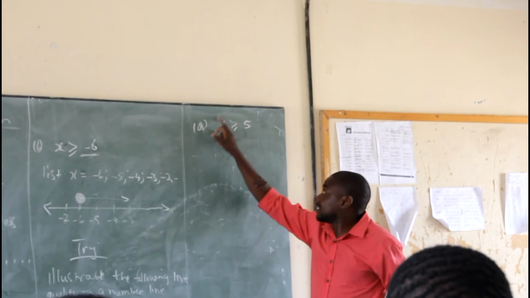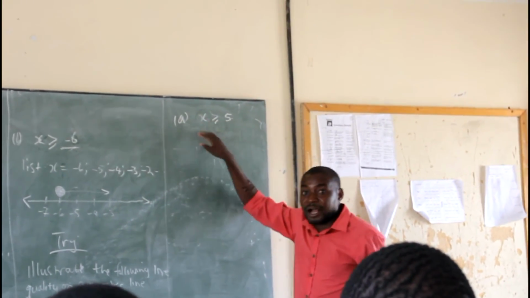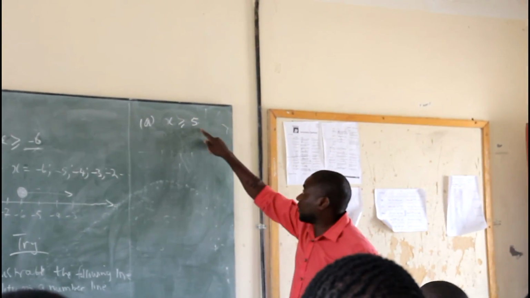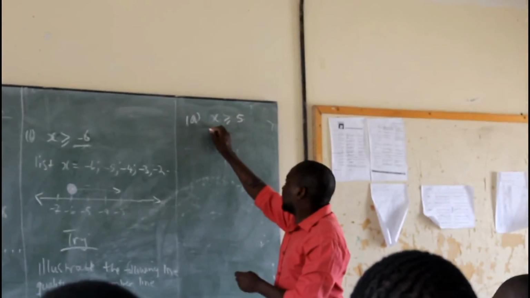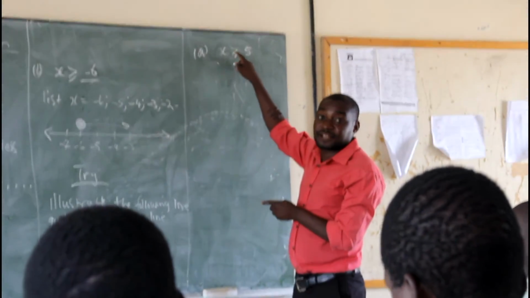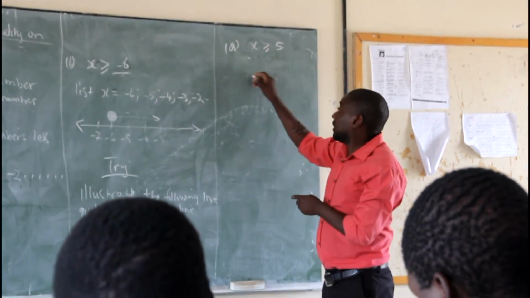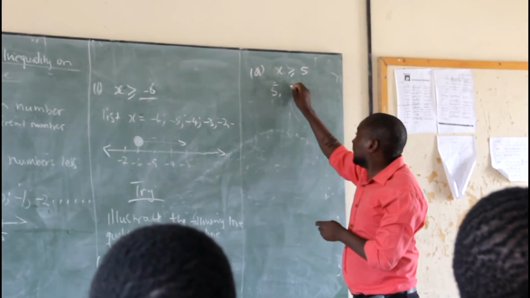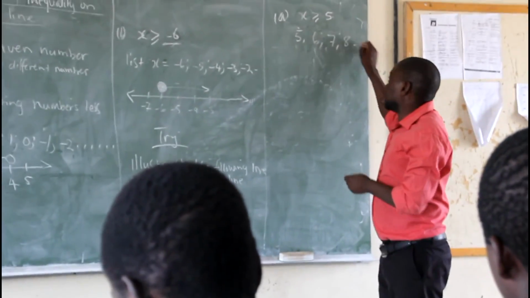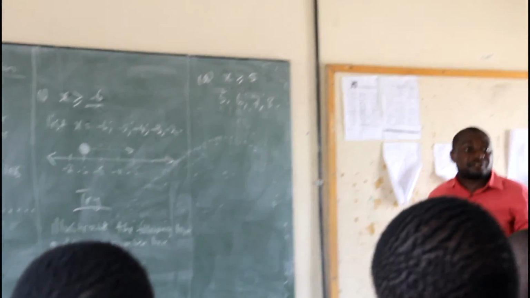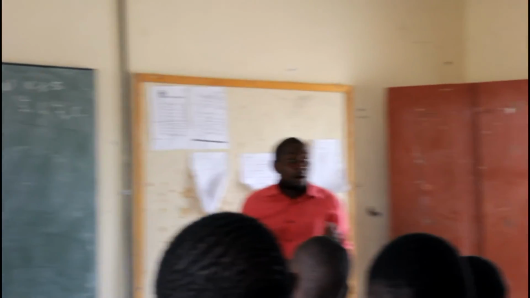It means X is representing a number which is bigger than what? 5. What are these numbers? 5 is also included because it is greater than or equal. It means 5, 6, 7, 8. Now these ones are positive numbers. They are all what? Positive numbers.